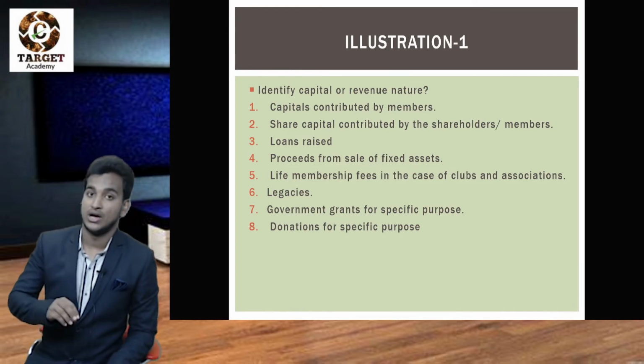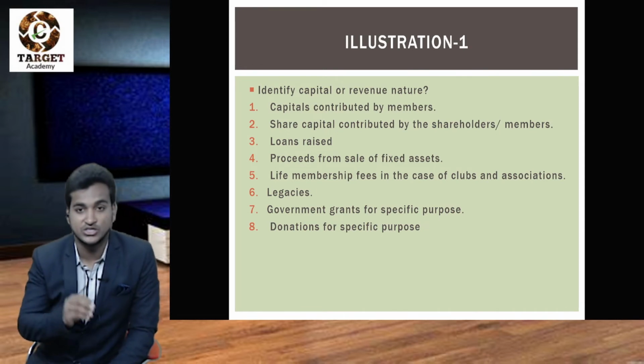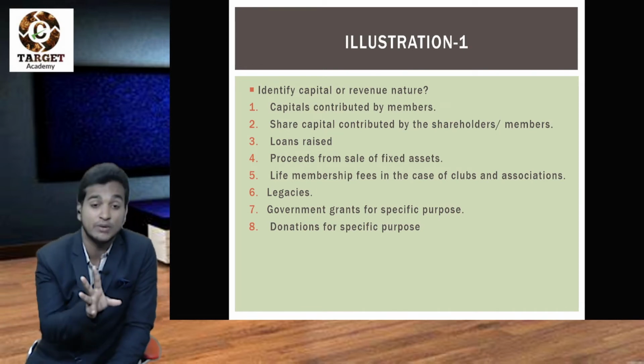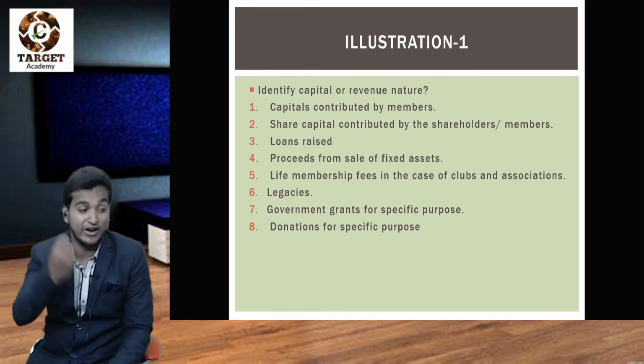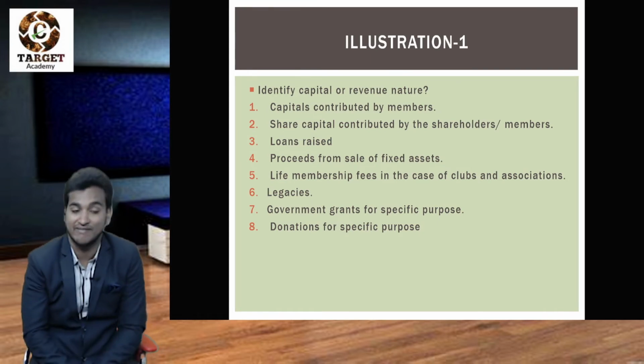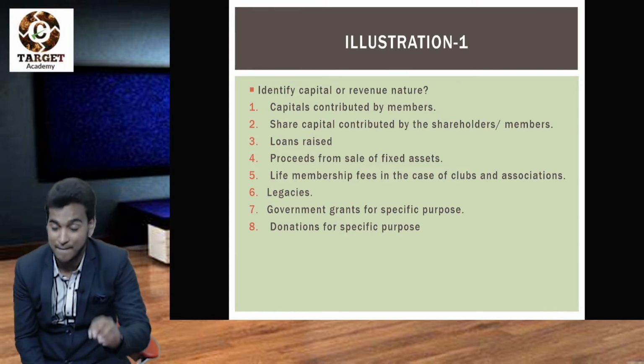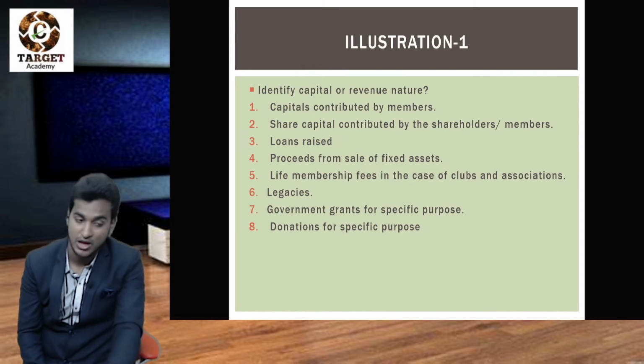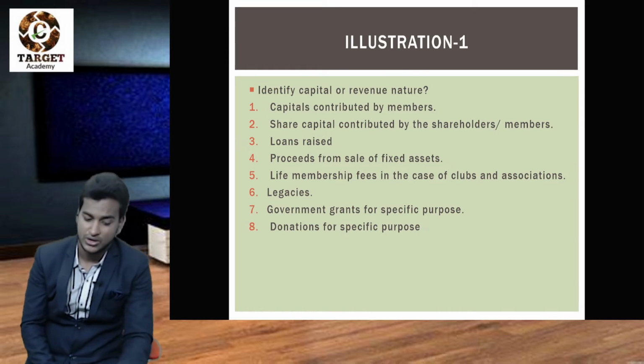If donations received are for a specific purpose, that means they mentioned a purpose for the donation, then that is a capital receipt. Put a note and write it down.